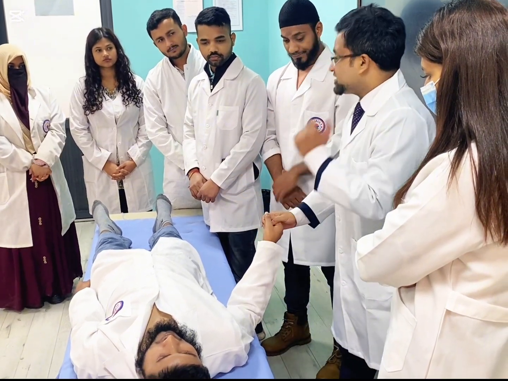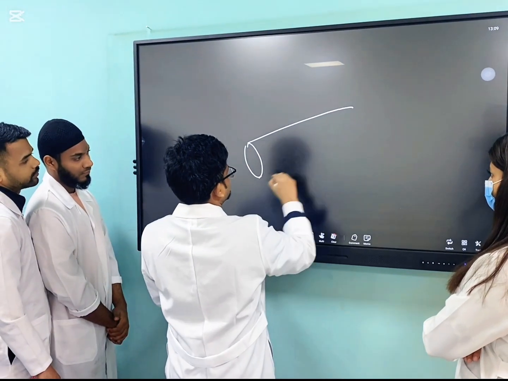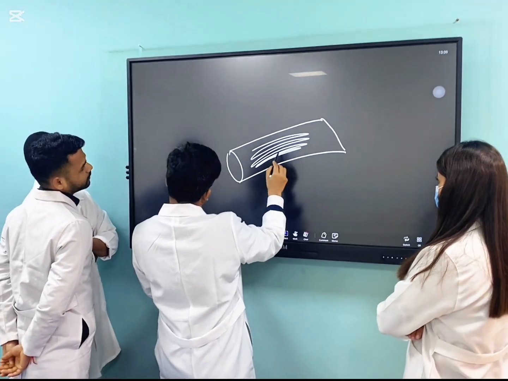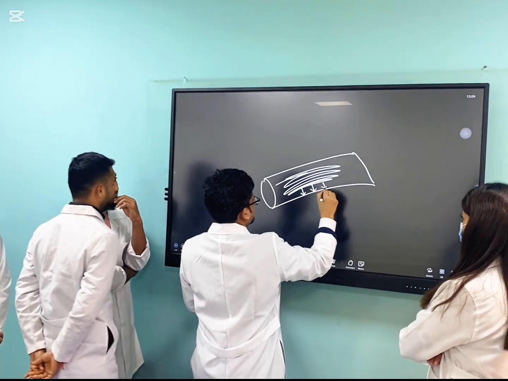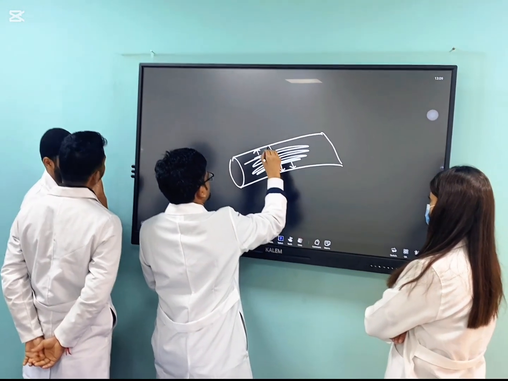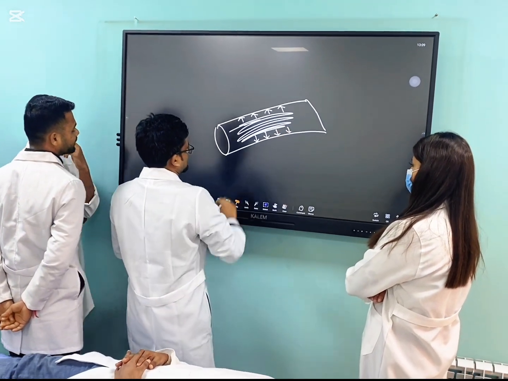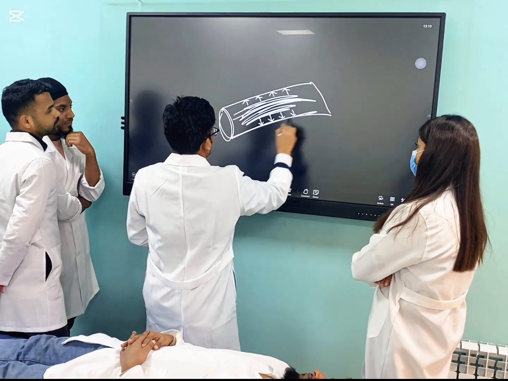So what is blood pressure? Suppose this is a blood vessel, right? Blood is flowing here. This is blood and this is the blood vessel wall.